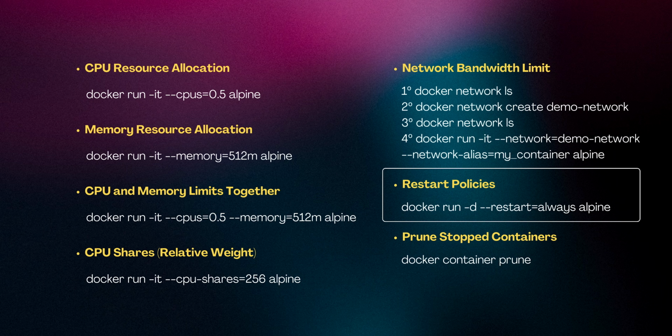So if we run docker run -d in a detached mode and setting a flag restart to always using the Alpine image, we'll be able to see that under docker ps, the container we've just created is basically restarting in the background. It's not running any particular service in the container itself, and as the restart policy has been set to always, it is continuously attempting to restart the container itself.